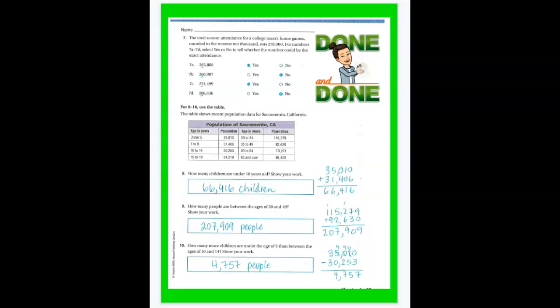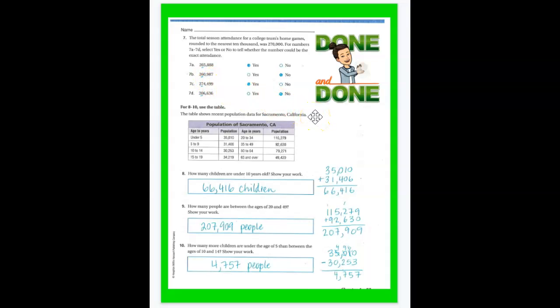For numbers 7a to 7d, select yes or no to tell whether the number could be the exact attendance. So for 7a, I have 265,888, which is a yes. Boys and girls, as you can see, I have underlined the 6, the place value that I will need to compare.